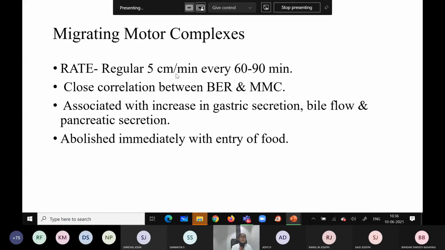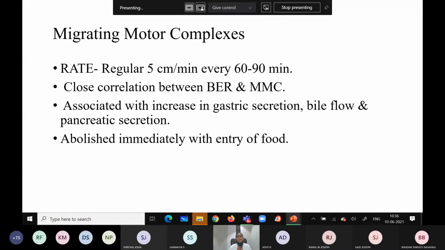So they occur regularly. Okay, the speed of these is 5 centimeter per minute and they occur every 60 to 90 minutes. They are in the interdigestive phase as I already told you. So they are regular movements.